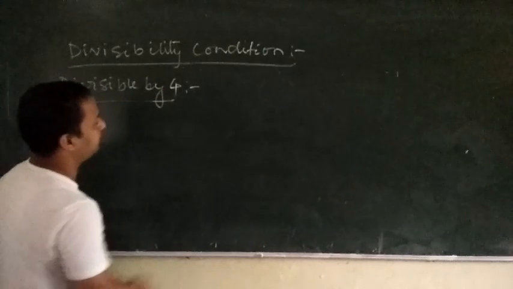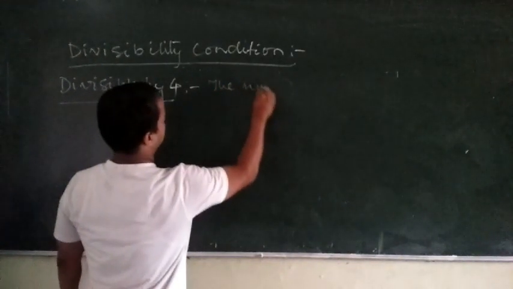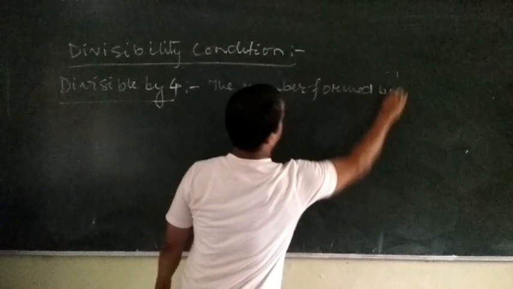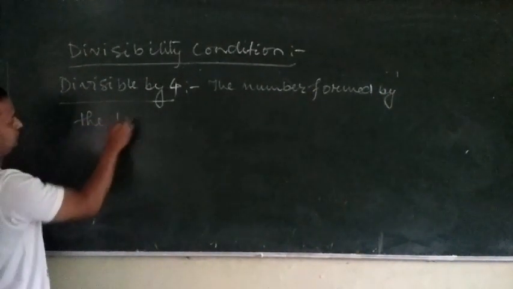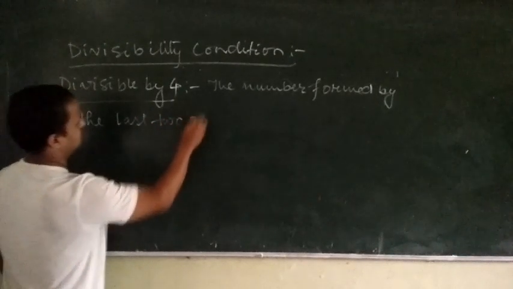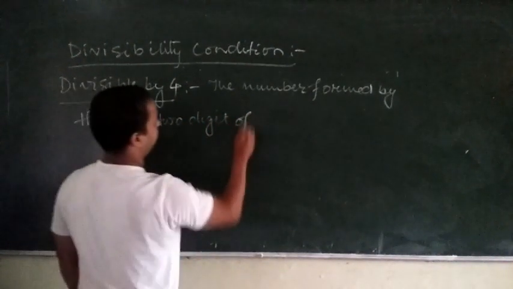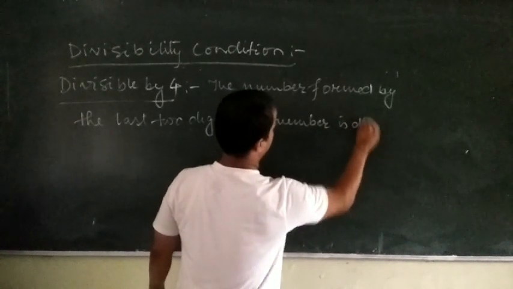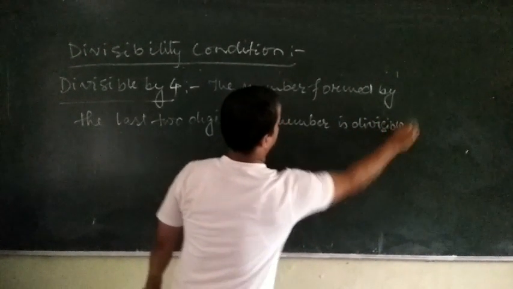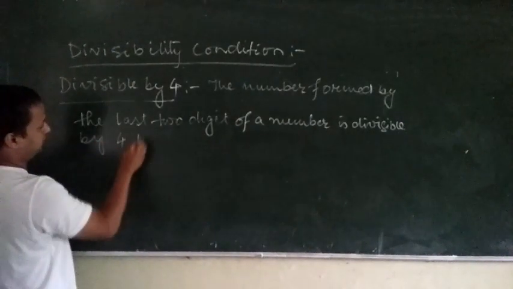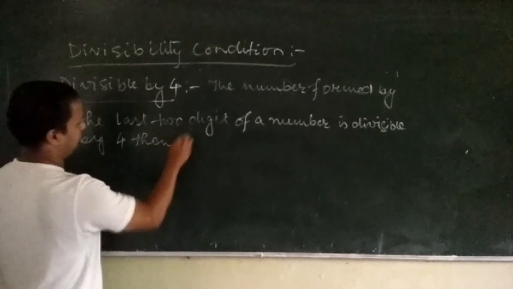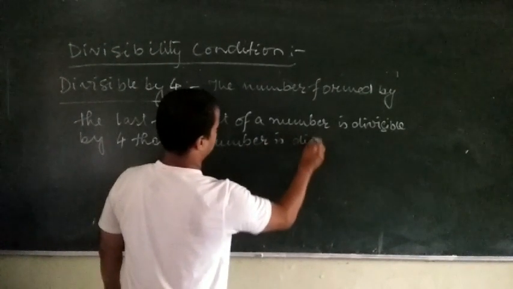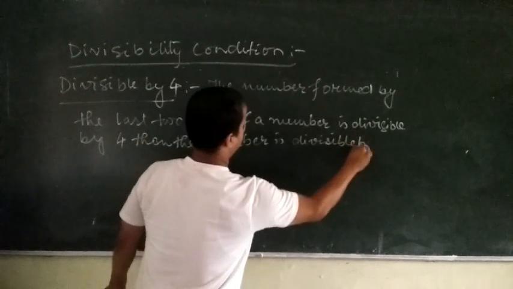Clear? So the statement is, if the number formed by the last 2 digits of a number is divisible by 4, then the number is divisible by 4.